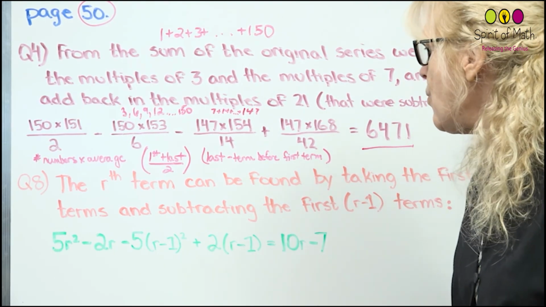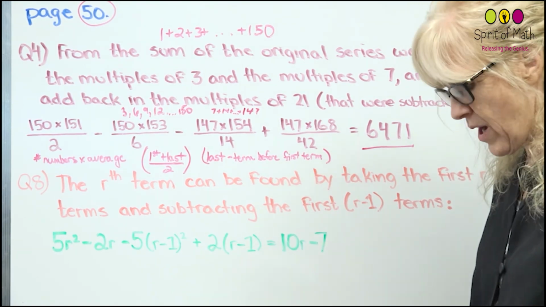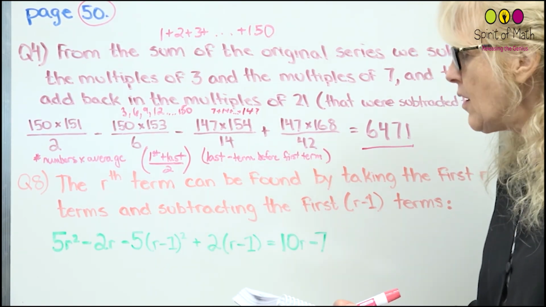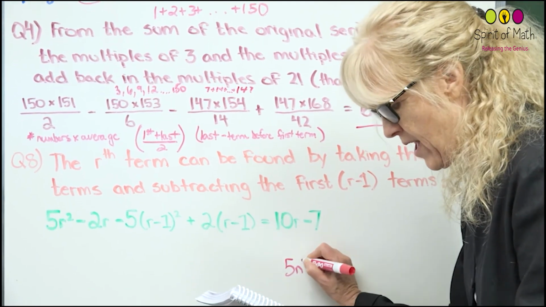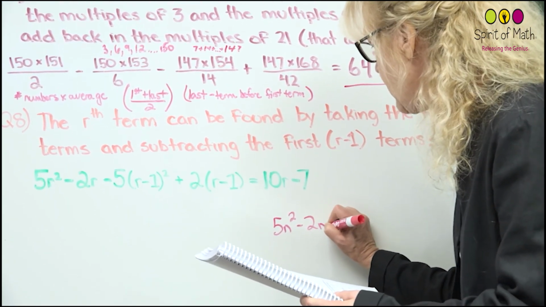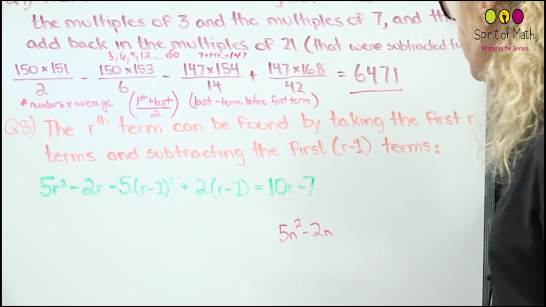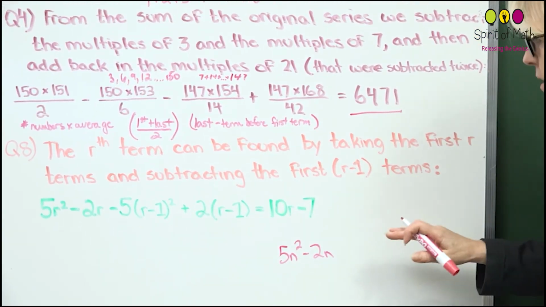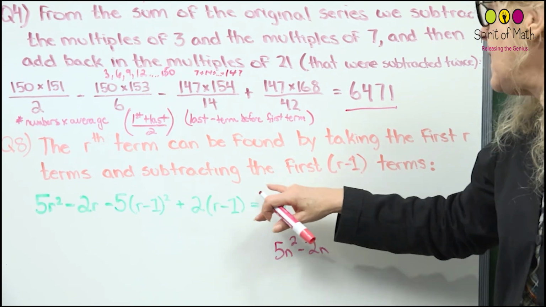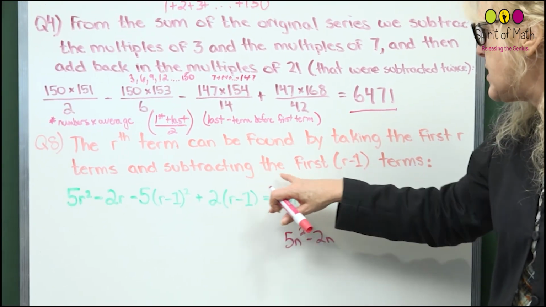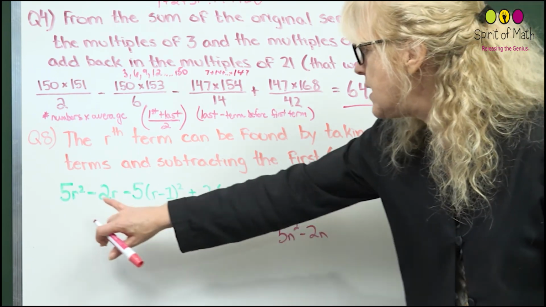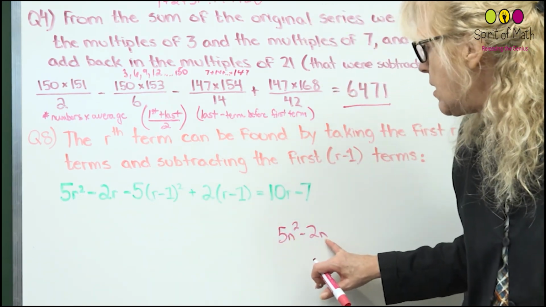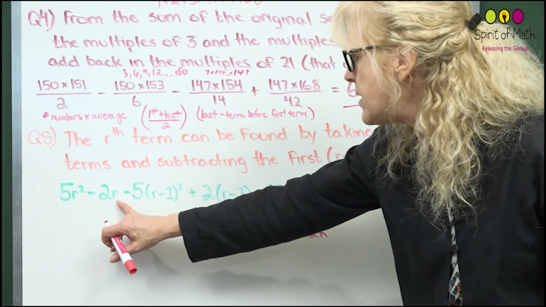Now, let's look at this. The question itself gave you 5n squared minus 2n. When you've got that, you take the first r terms, so you substitute r into here. So you have 5r squared minus 2r.